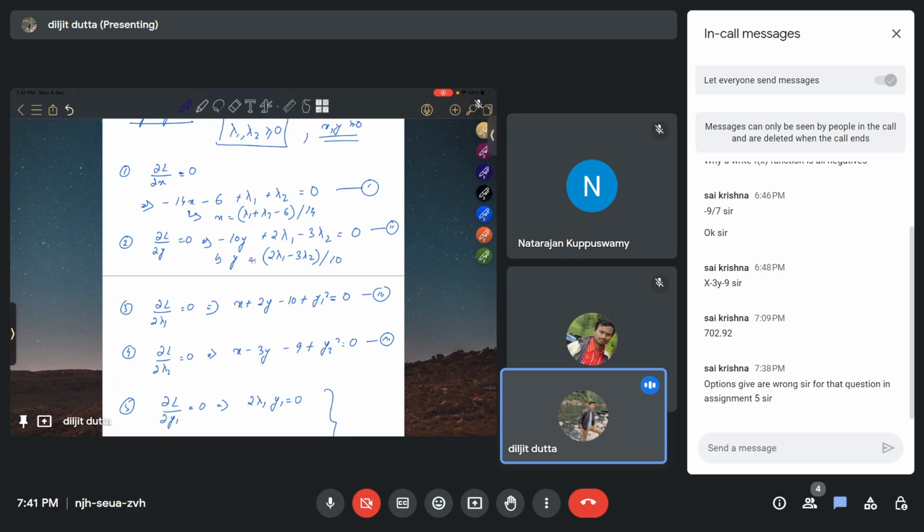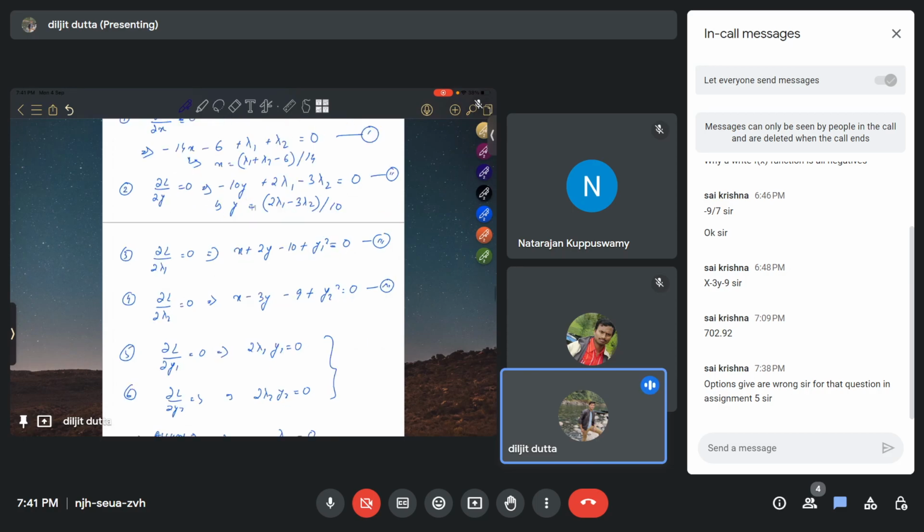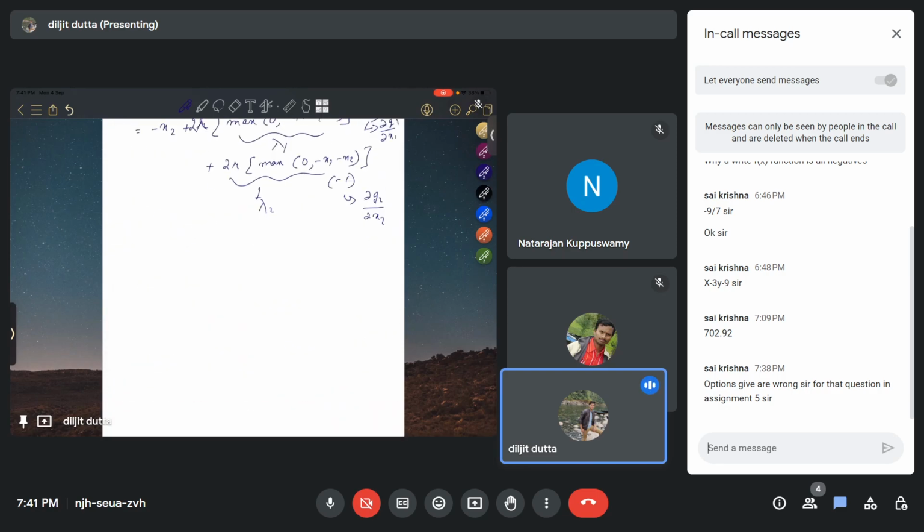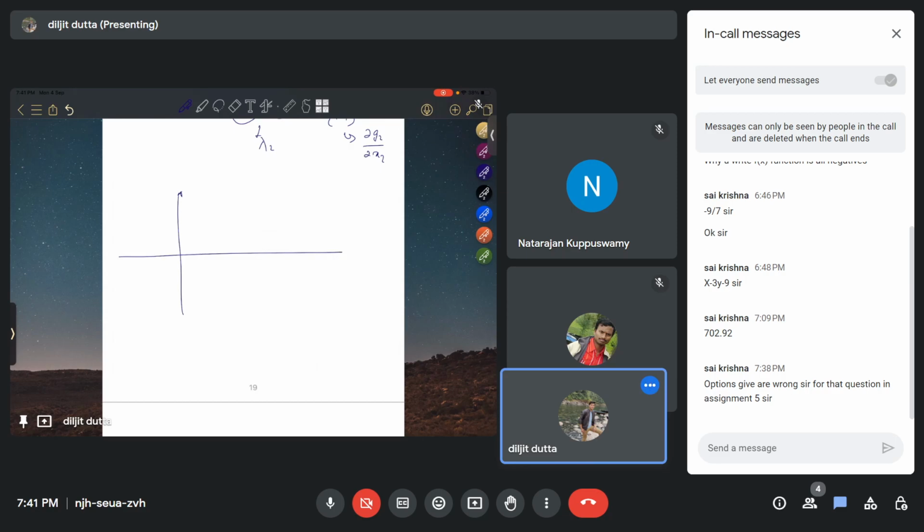I'll just check. He told that the options given are wrong for that question. If we just do the graphical solution, we will have an idea what the values might be. So x plus 2y is equal to 10: this is 10, this is 5. X minus 3y is equal to 10, so minus 10 by 3 something, and this is 10.